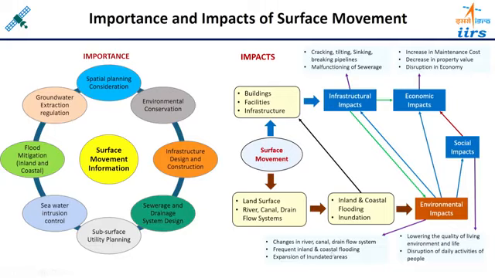Frequent inland and coastal flooding problems may be there because of the land surface movement itself. Then expansion of the inundated areas: the inundation over a particular area increases over a period of time. It means things get affected more and more if there is more land surface movement. So in that way you can say they have environmental, social, economic, and infrastructural impacts.